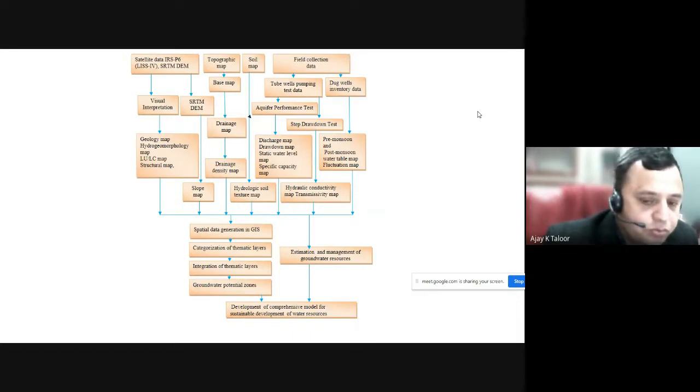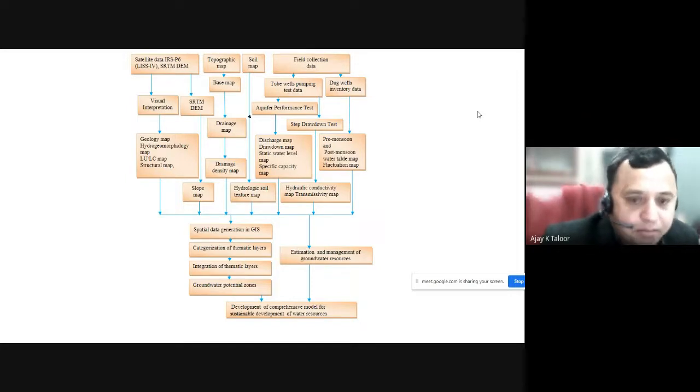So we got the fluctuation map. All these layers we prepared using interpolation: the pre-monsoon map, post-monsoon water table map, and fluctuation map.